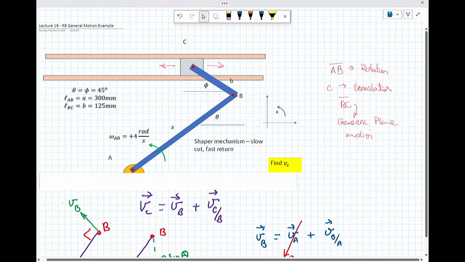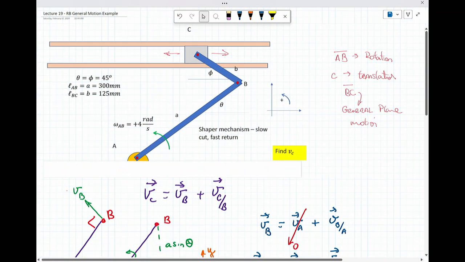Now, as a reminder from yesterday, we were dealing with this problem. We have a link AB and another link BC and a slider at position C. C is limited to move left or right. AB is rotating about point A. However, BC, that link, is going to undergo general plane motion.